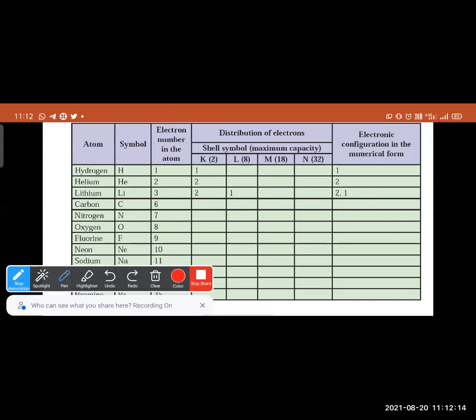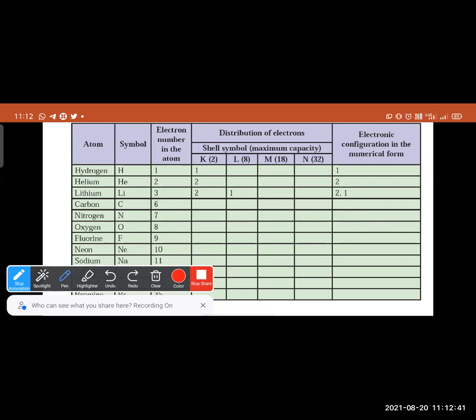Now, in case of nitrogen, the atomic number is 7. Therefore, electrons are 7. The first orbit will have 2 electrons. The remaining 5 electrons will be in the second orbit, which can hold up to 8 electrons. Its electronic configuration will be 2, 5.